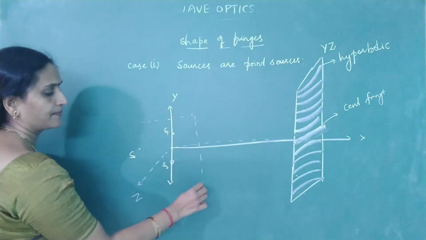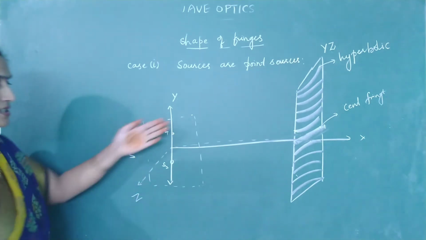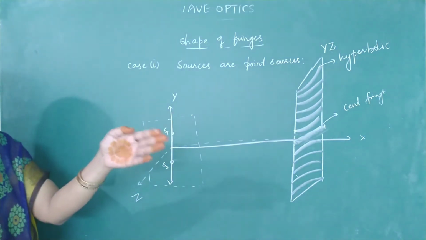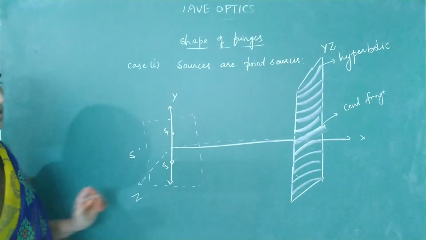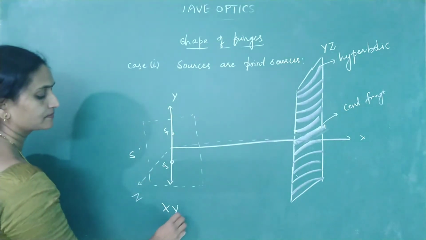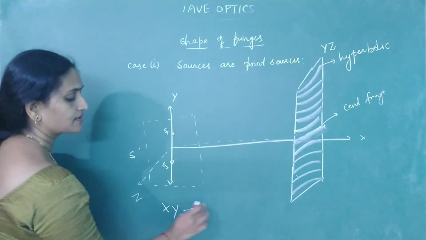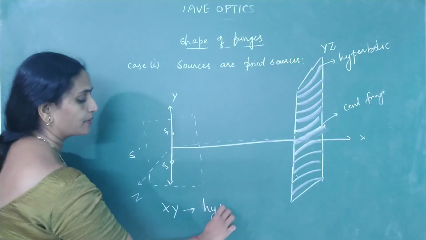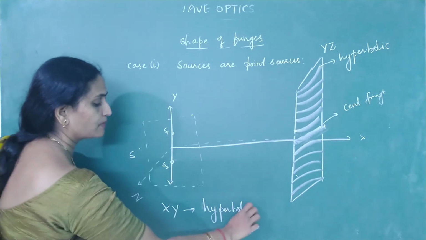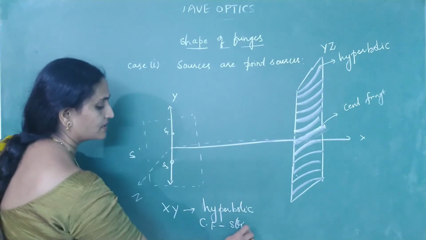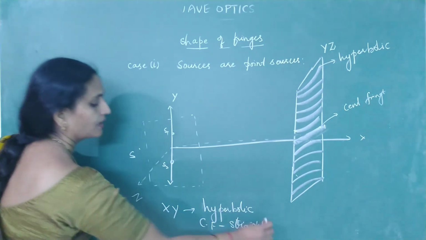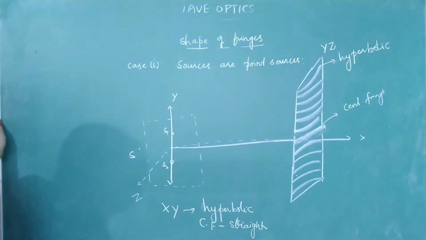Actually it is the XY plane, outside the plane of the board. So here also we get hyperbolic fringes. So for the XY plane, what is the shape of the fringes? Hyperbolic fringes, but remember the central fringe is straight. We get a central straight fringe and the remaining fringes are hyperbolic.